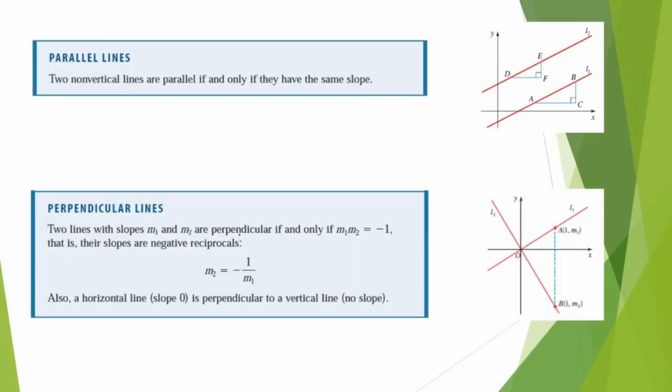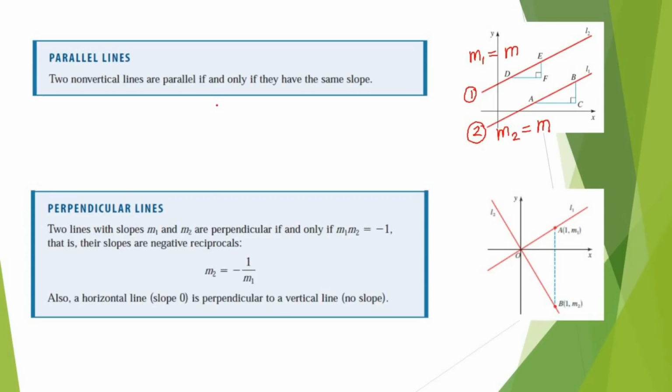Now another concept is the concept of parallel lines. Two non-vertical lines are parallel if and only if they have the same slope. Supposing this is line number 1 and this is line number 2, and the slope of line number 1 is simply equal to m, then the slope of line number 2 must likewise be equal to m.